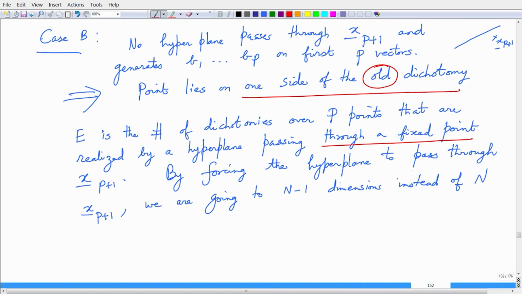By forcing the hyperplane to pass through this point x_{p+1}, we are going to n minus 1 dimensions instead of n. This is very important to note, right. I can have 10 points, all of them lying on the x axis, and the dimension is still 1 there. This is the central idea.